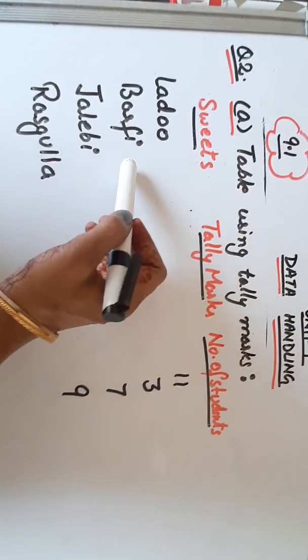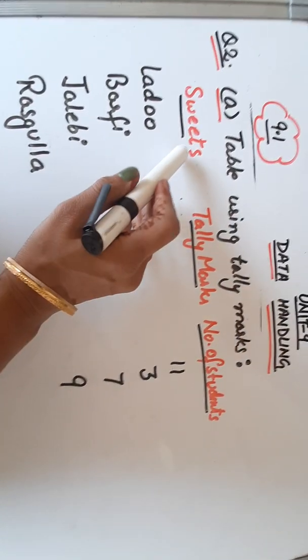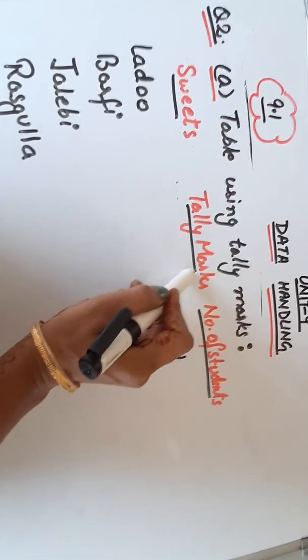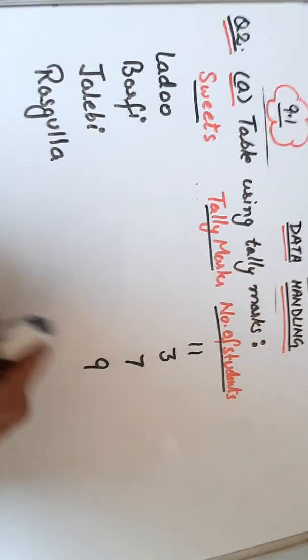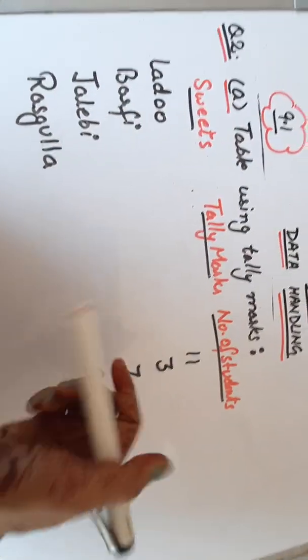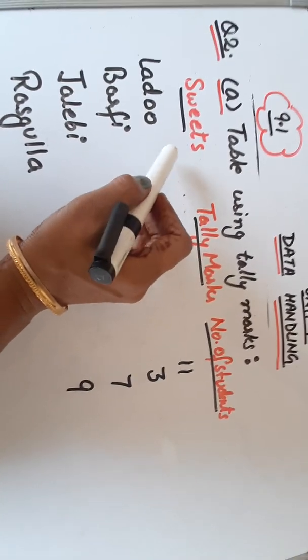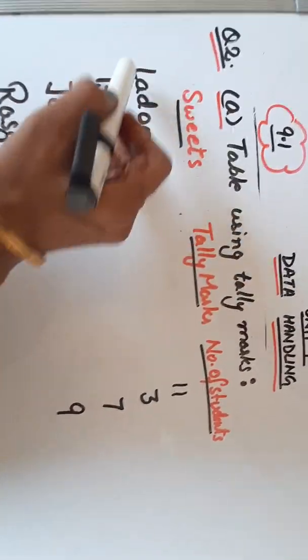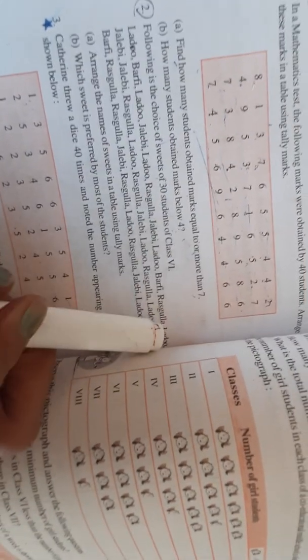So laddu, barfi, jalebi, rasgulla, the table will be sweets, tally marks and number of students, right? So let us calculate how many out of 30 students like laddu. So 1 laddu, 2 laddu, 3, 4, 5, 6, 7, 8, 9, 10, 11.